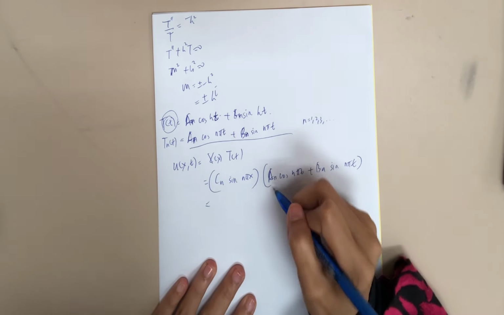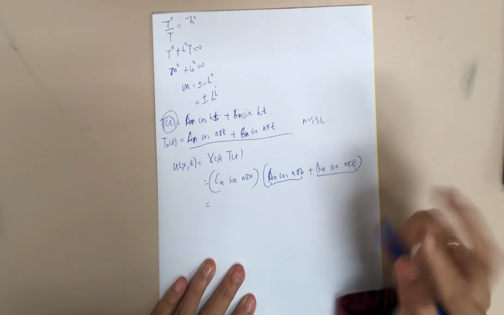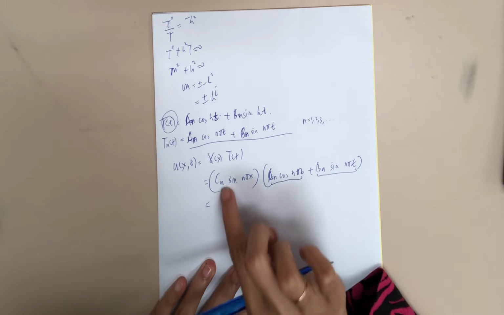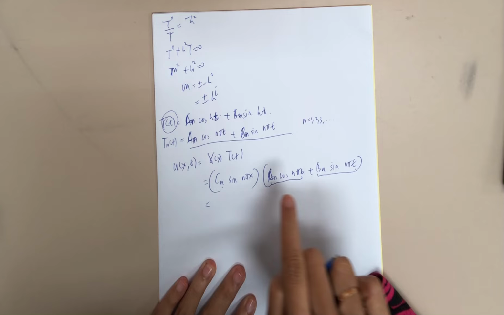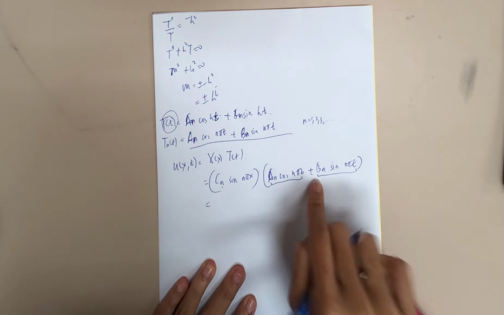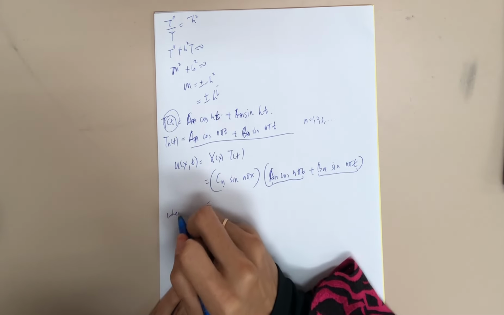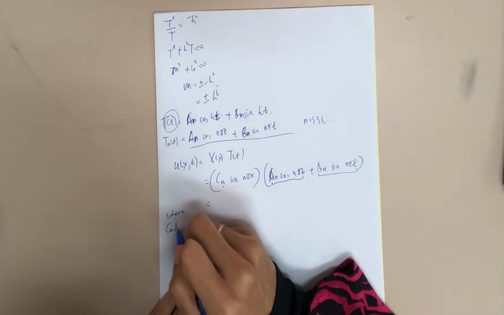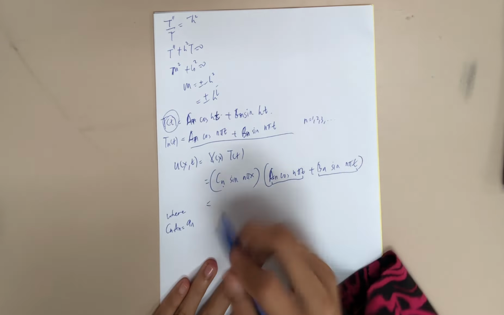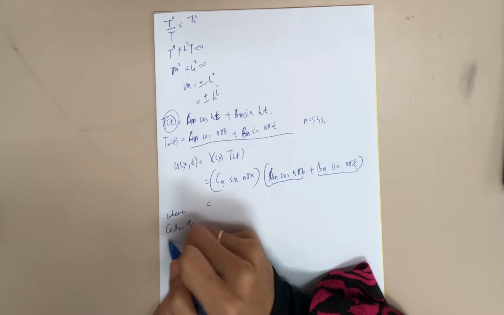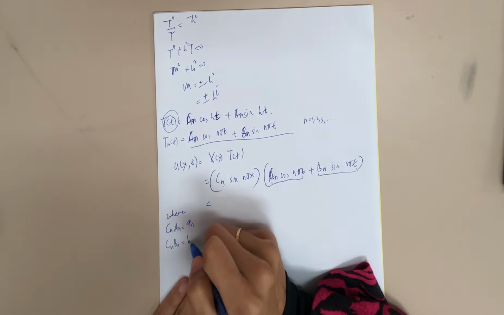Careful here, there are two terms, with a plus here. So cn will multiply with this term and then plus, where cn times an, let's say I let it be an, and cn times bn I will let be bn.